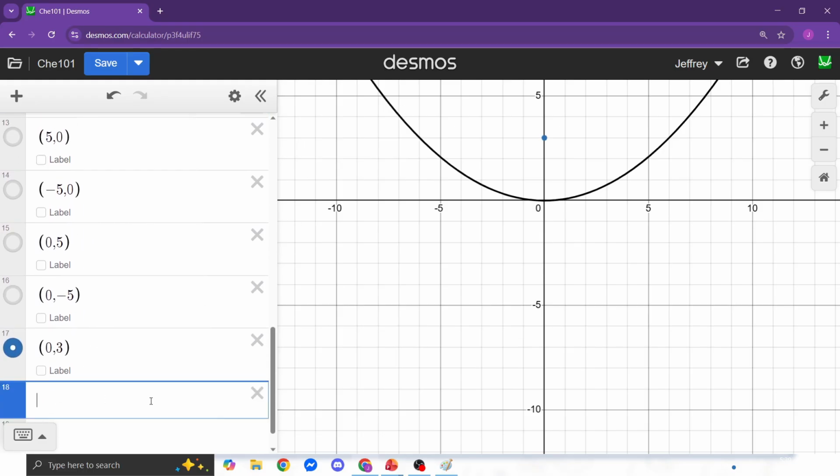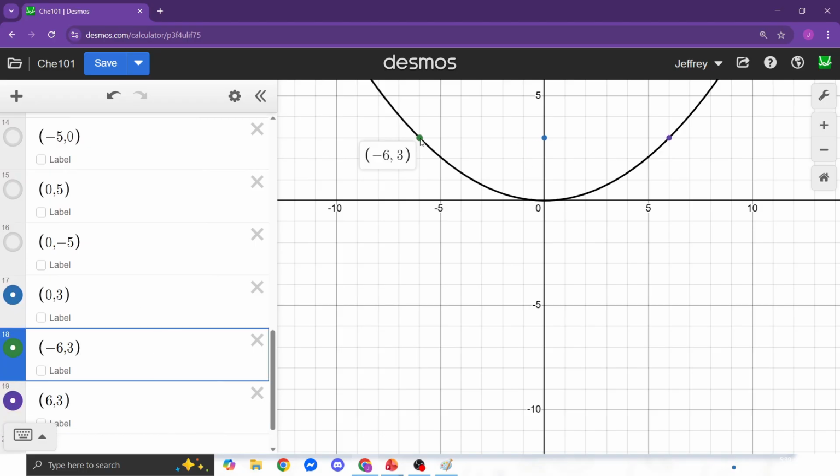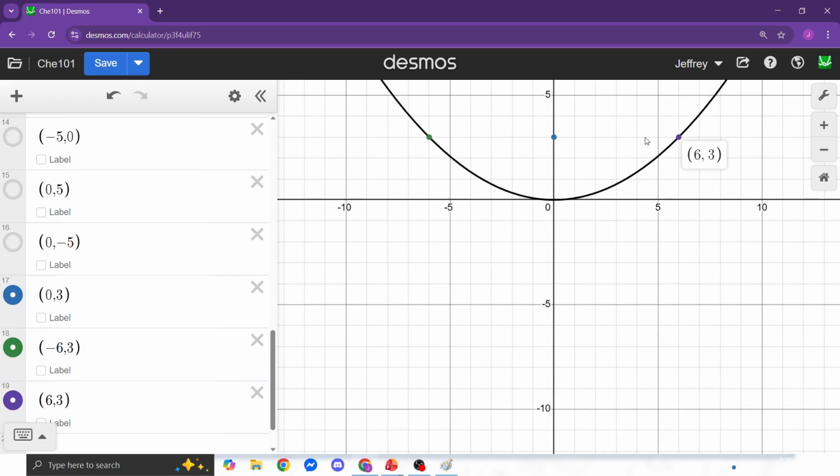And we can get our points, right? Negative 6, 3 and 6, 3. Which I feel like is also the latus rectum, right? It would go straight through all these points, and that will yield a 12 length.